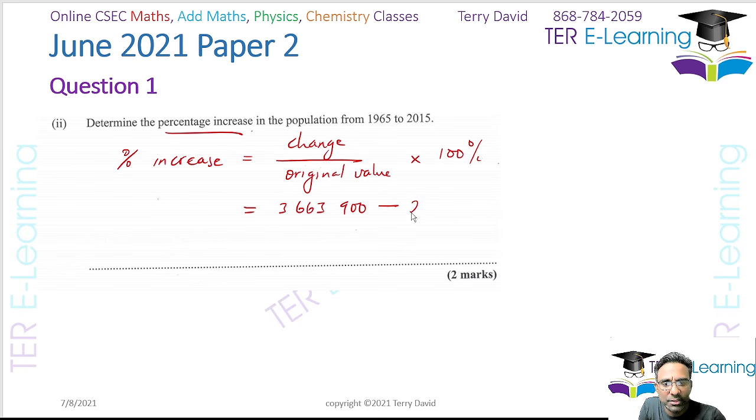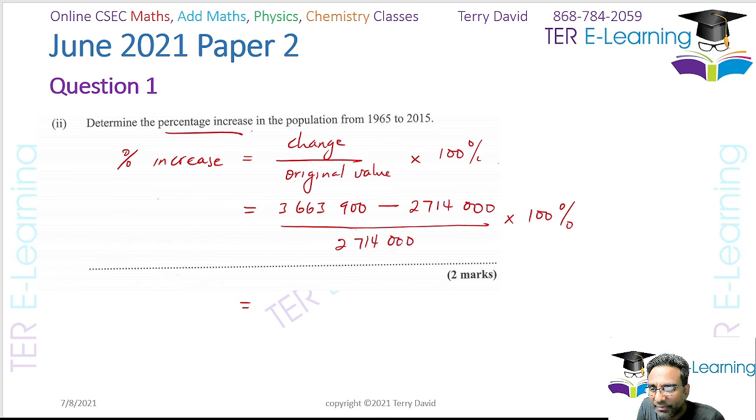So this is 2,714,000 divided by my original value, which is 2,714,000, multiply by 100%, right? That's how we work out this percentage change.